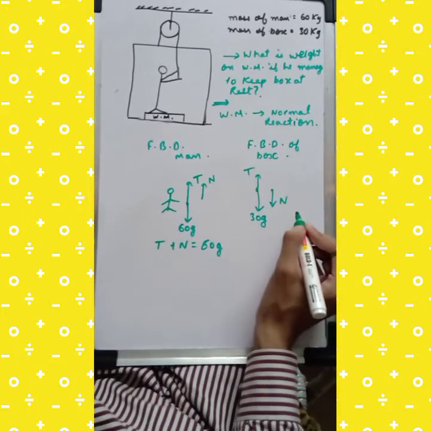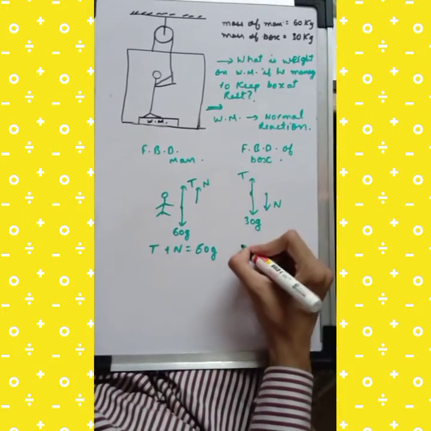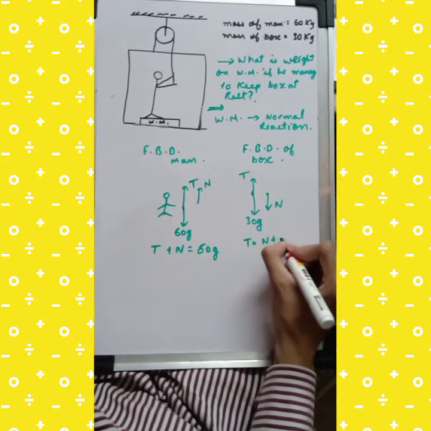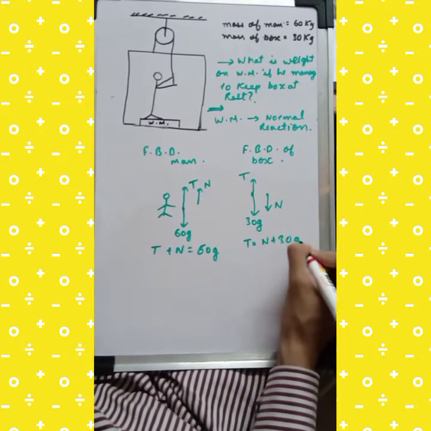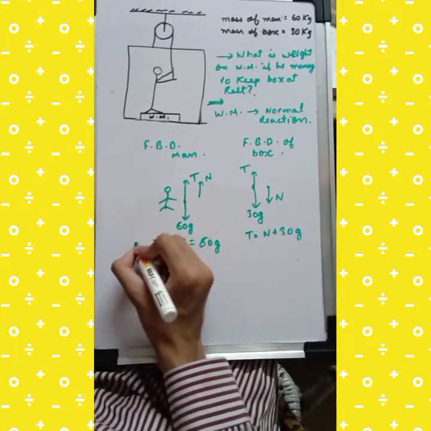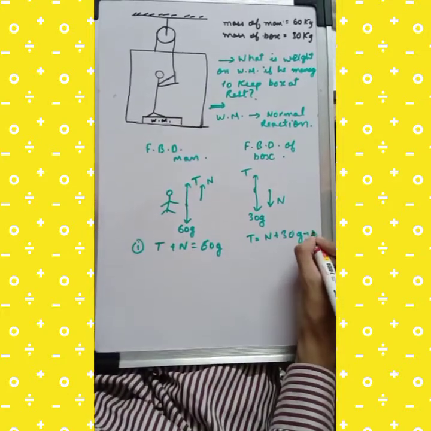These forces balance, so we can write T is equal to N plus 30g. So we have two equations, we can call them 1 and 2.